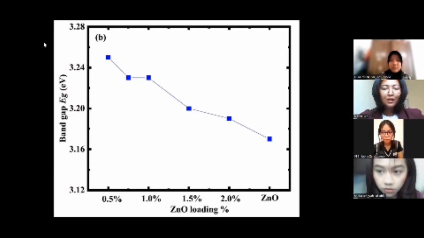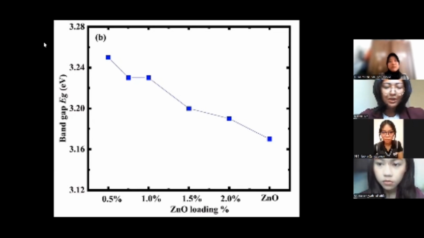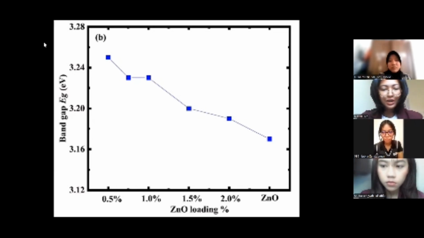Okay, overall, the graph shows that increasing the zinc oxide loading percentage leads to a steady decrease in band gap energy from about 3.26 electron volts to 3.14 electron volts. This trend not only confirms the impact of zinc oxide on the material's optical properties, but also opens the door for tailored design in advanced material systems.